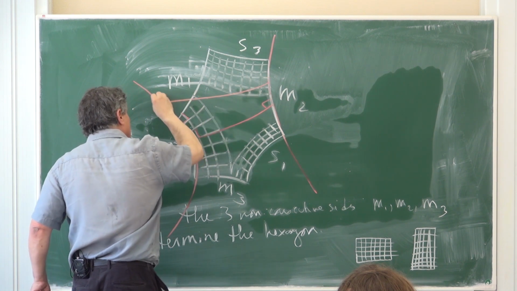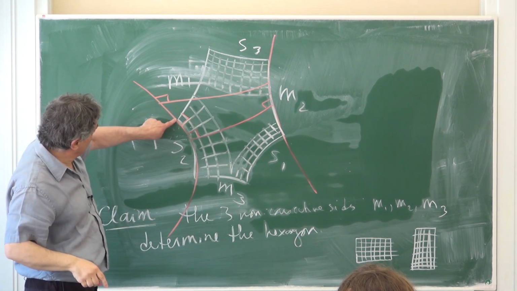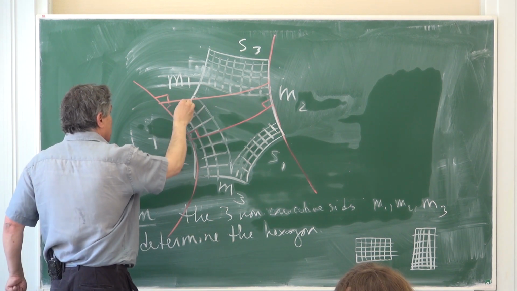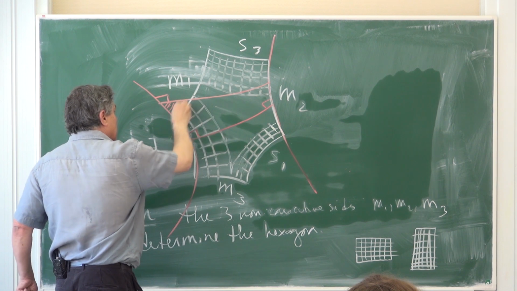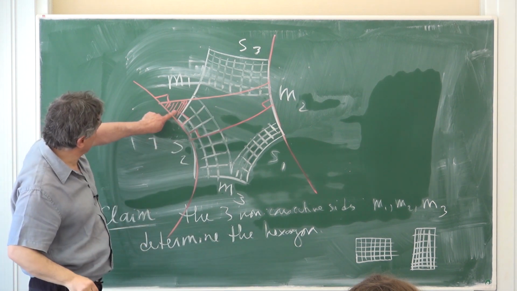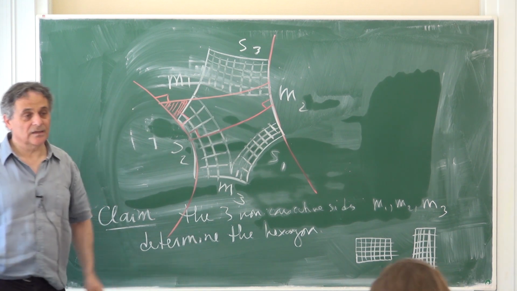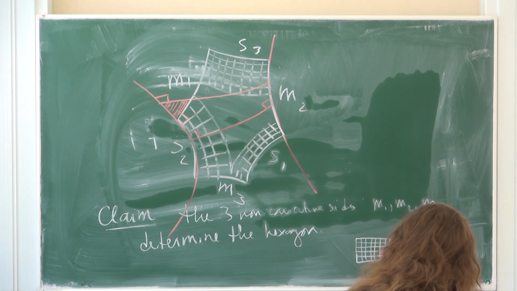See, here I have a right angle, and if the perpendicular goes outside my hexagon, then I will get a hyperbolic triangle with two angles which are greater than or equal to two right angles, which is not possible. Okay, and so on.